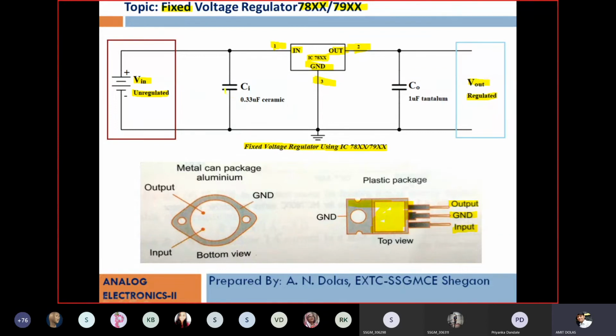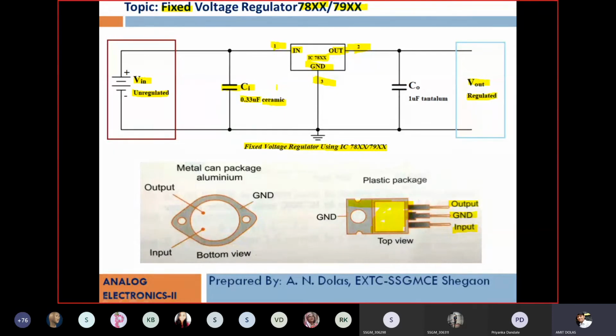In between you may see two components and the values are fixed, that is Ci is 0.33 microfarad ceramic capacitor. This is to reduce the inductive effect of the long distribution of the wire. Suppose your unregulated power supply and IC are inside a box, you cannot place the regulator directly on the unregulated power supply.